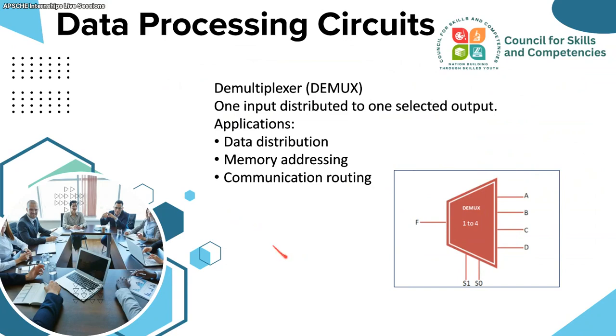You get a line and you choose which line it should go to. Depending upon this condition, you can choose whether to activate A, B, C or D. It is used for memory addressing, communication routing, and data distribution. It is the opposite of mux.